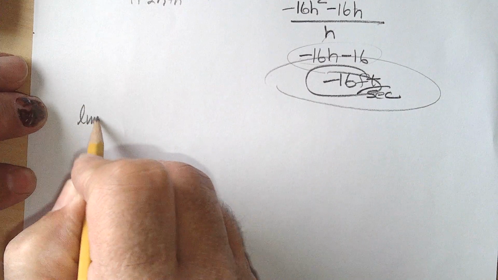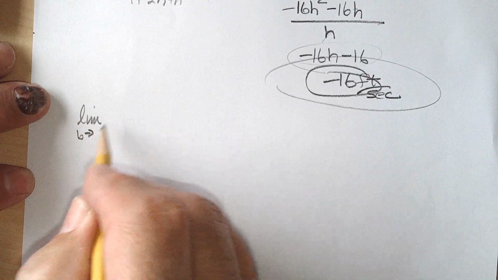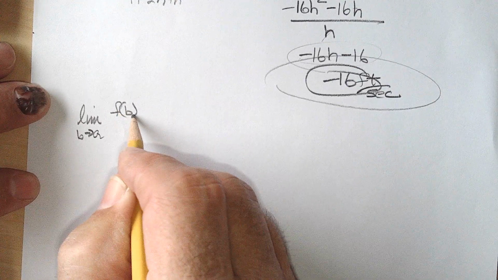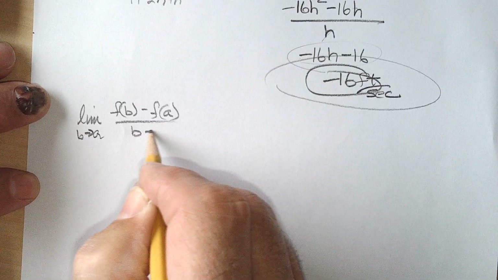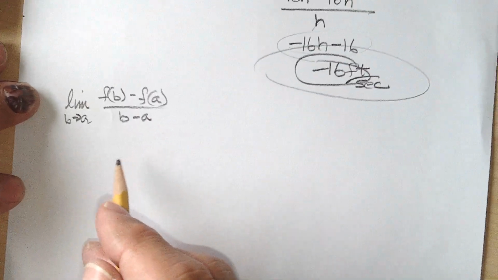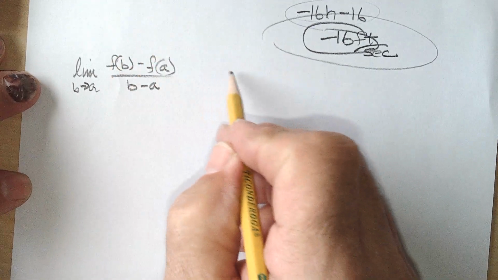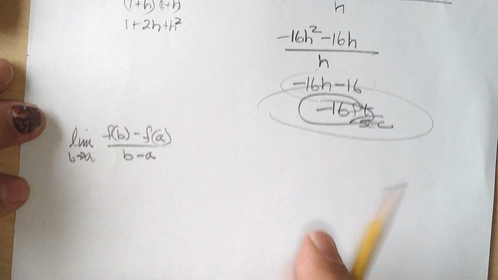Now, let's do it with the other definition. The limit as b approaches a, but a is going to, well, I'll put a, of f of b minus f of a over b minus a, but I'm going to write it using this function above, so it's f of b, put in for all the t's.